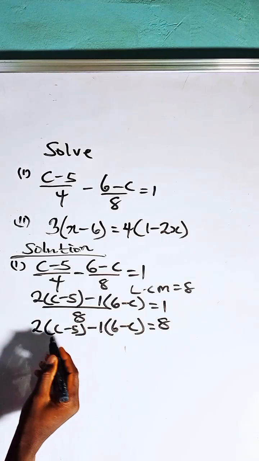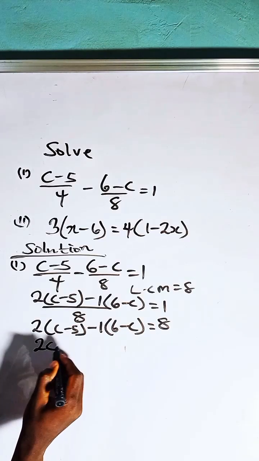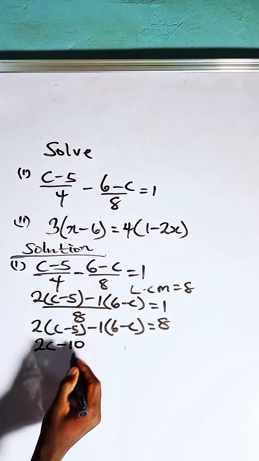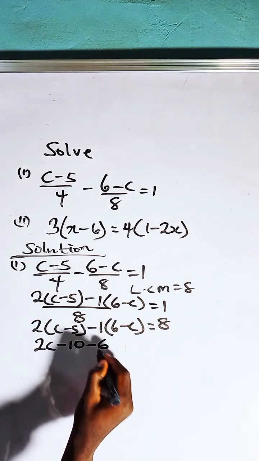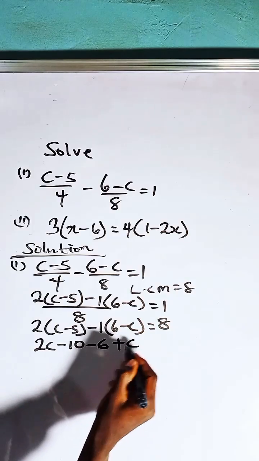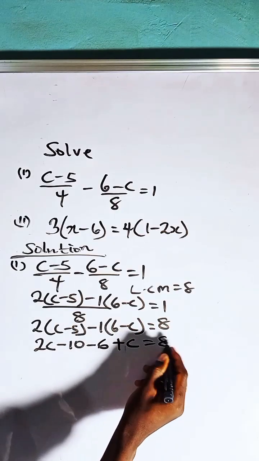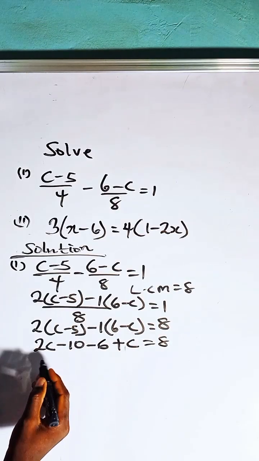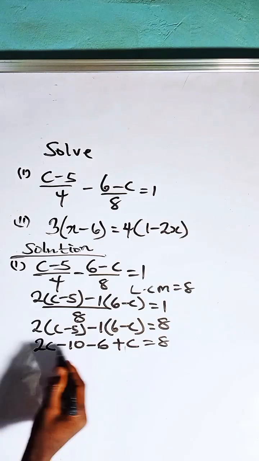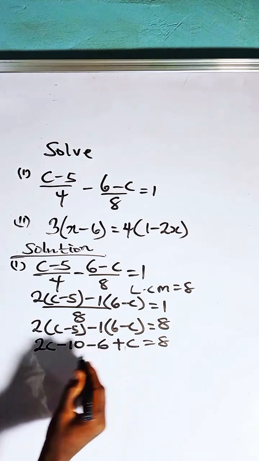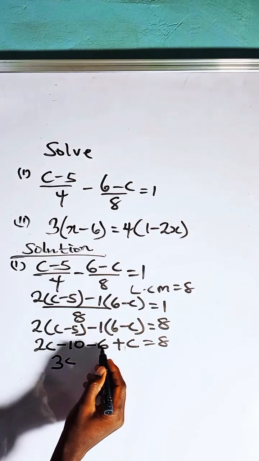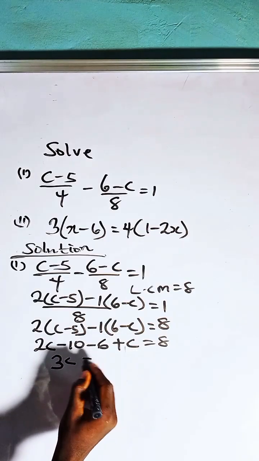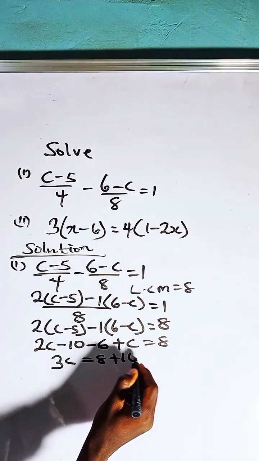So let us distribute this. 2 times c is 2c, minus 2 times 5 is 10, minus 1 times c, and minus 1 times 6 is minus 6, so we have plus c, equals 8. When we collect the like terms, we have 2c plus c, which is 3c, and minus 10 minus 6 is minus 16, so we have 8 plus 16.